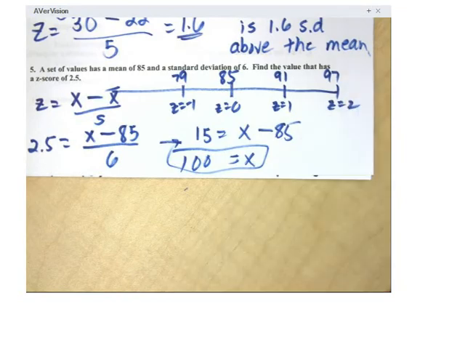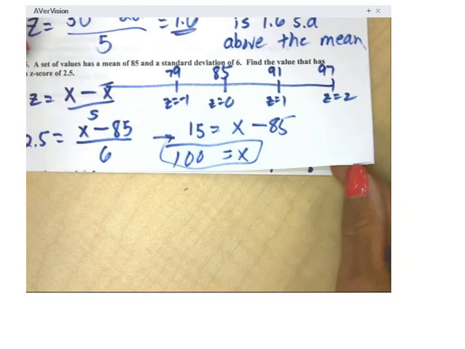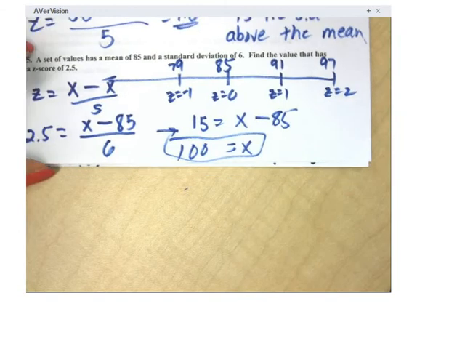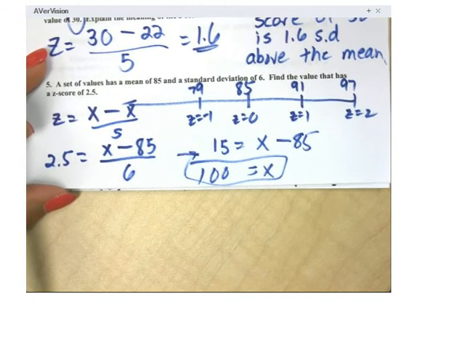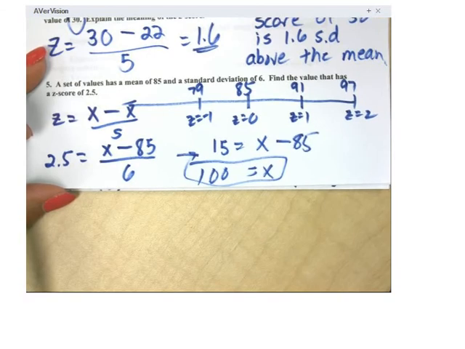If we multiply both sides by 6, we end up getting 15 is equal to x minus 85. Add 85 to both sides, and I get 100. So if we analyze this situation, this 100 value, or going 3 units up, would be right at the spot which would be 2.5 standard deviations above.